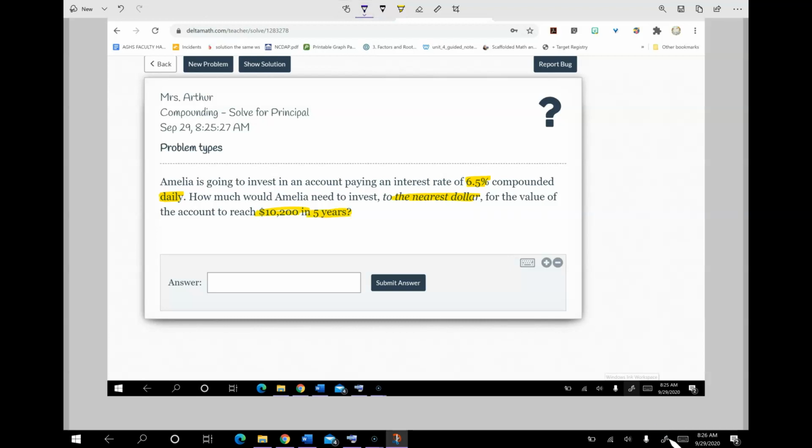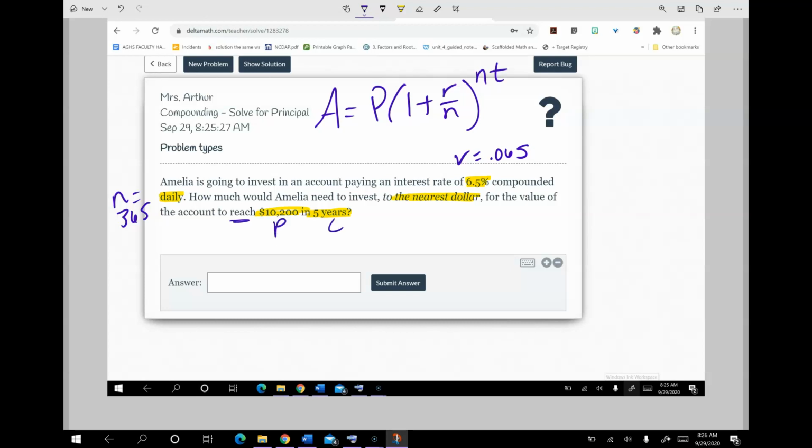So I'm compounding daily, so I'm switching back to this formula, okay? So interest rate R is 0.065, compounded daily, that's 365. Nearest dollar just means I'm going to round to the dollar place where you say the word dollar. I want to reach this much, so that's my A, and then that's going to be my T for 5 years.